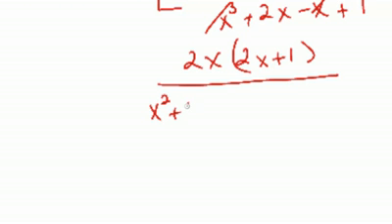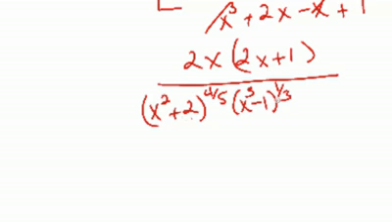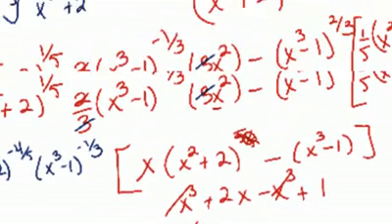Oops, it's a 2 there. Let's just rewrite it. And then an x cubed minus 1 to the 1/3. Don't forget the 5. There's one more thing we're forgetting. What are we forgetting? The denominator squared.